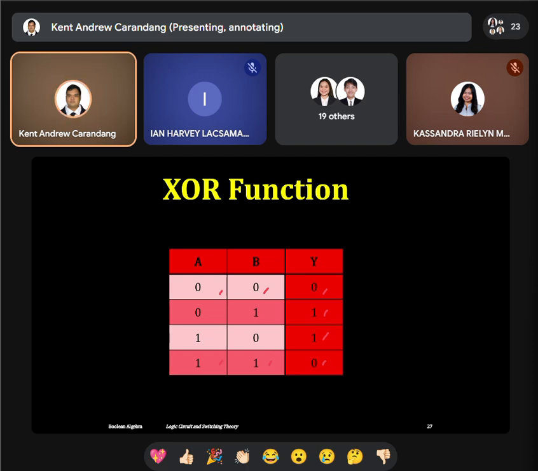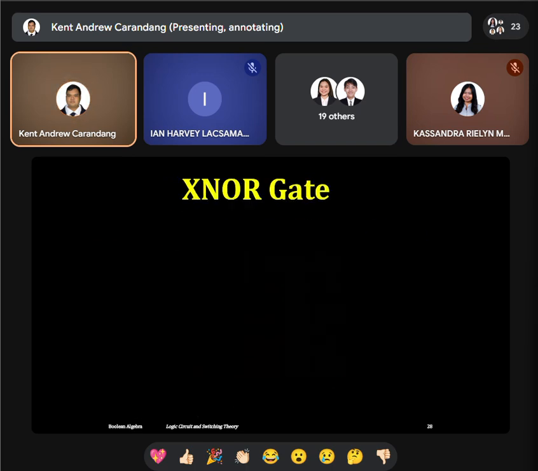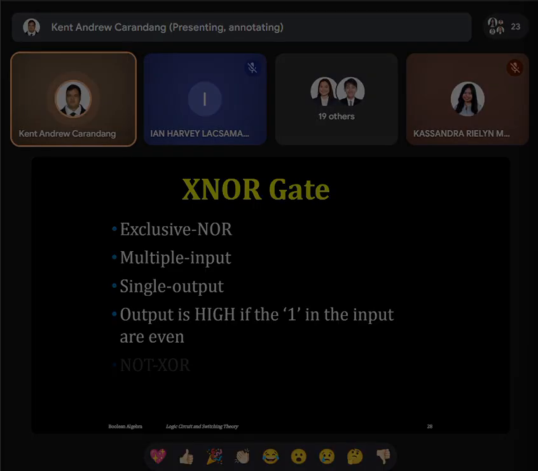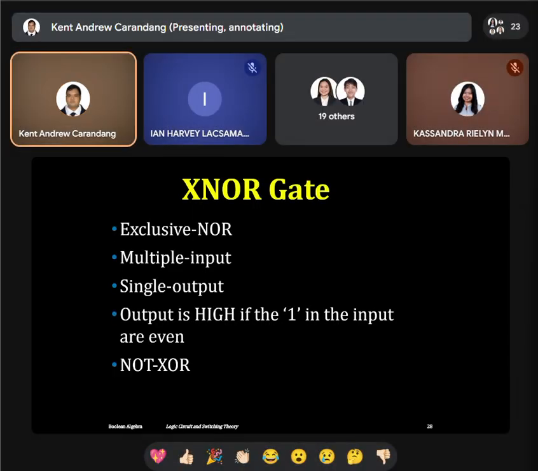Next is XNOR. Exclusive NOR has multiple inputs and a single output. The output is high if the inputs are equal. So it is just the opposite of the XOR, that is, NOT XOR.